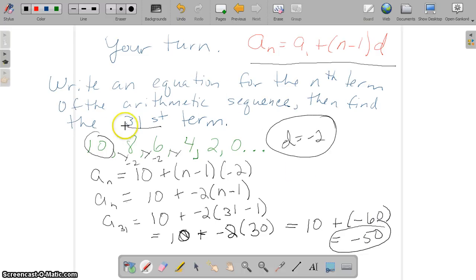Okay, so if I kept going -2, -4, -6, -8, blah, blah, by the time I got to the 31st term, -50 would be my term. That's all there is to it.